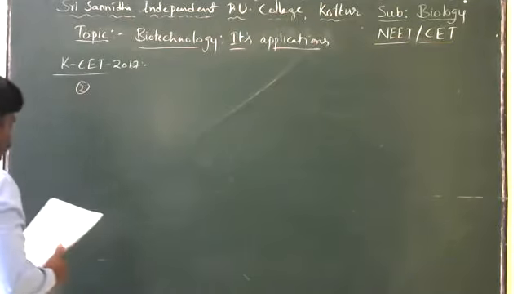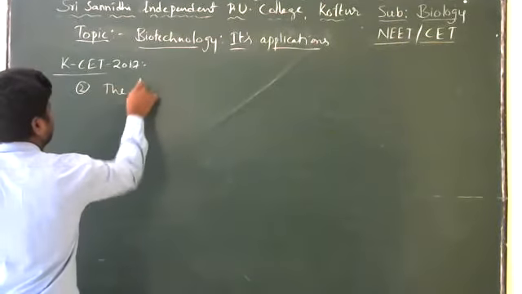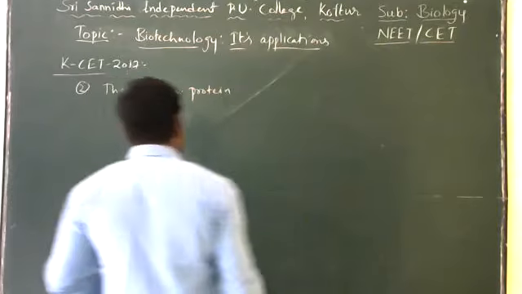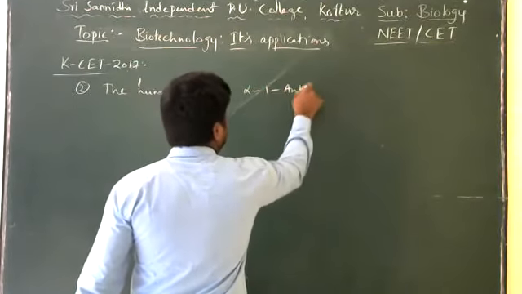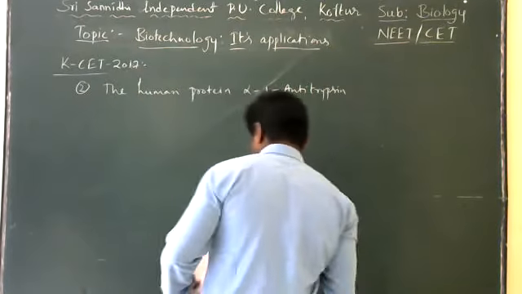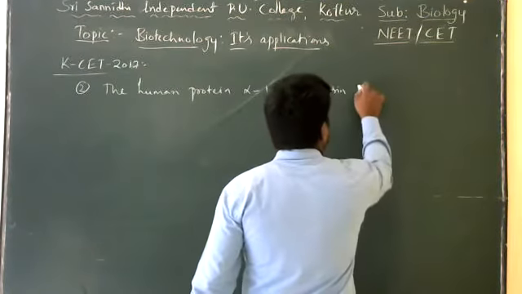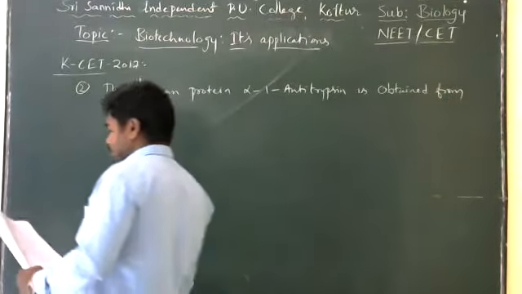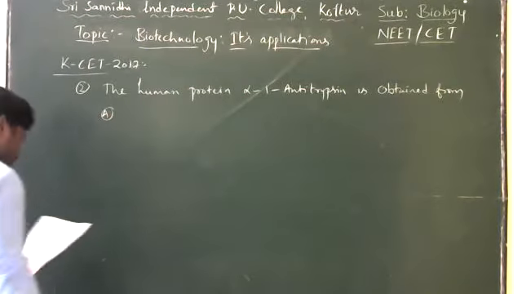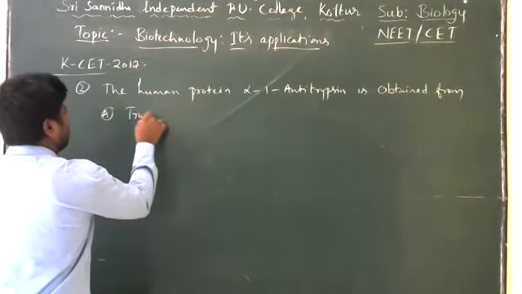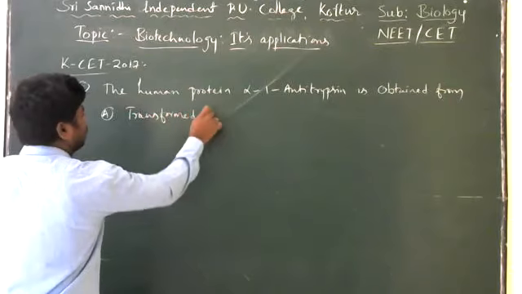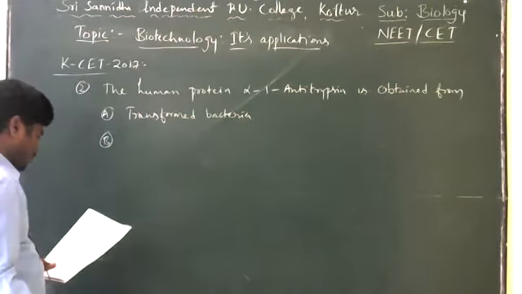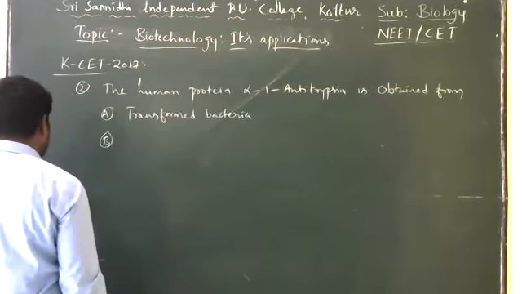The human protein alpha-1 antitrypsin is obtained from: option A, transformed bacteria. Next, B, transgenic animal.